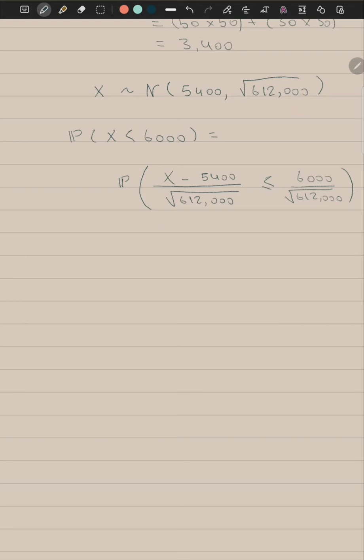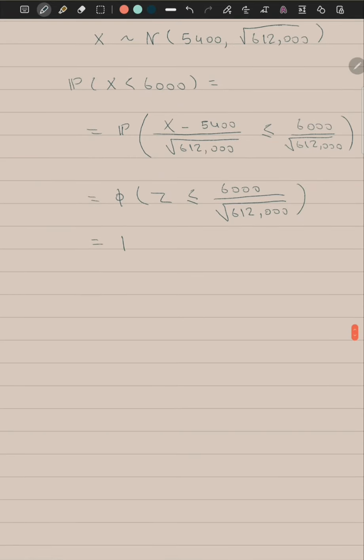So we can use the Z value, using phi. Z is less than or equal to this value right here.